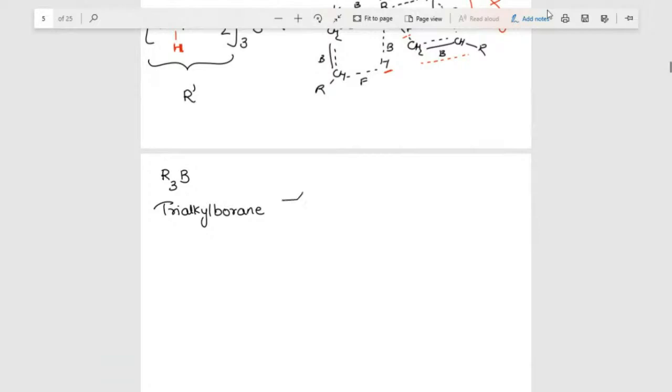Now this R3B can have different types of reactions. Let me write all, and then I'll discuss the one which is required. If I treat it with NaOH plus H2O2, as you know, H2O2 is an oxidizing agent, we will have ROH, alcohol. This we call oxidation. We can have another reaction where it is treated with acids like CH3COOH.